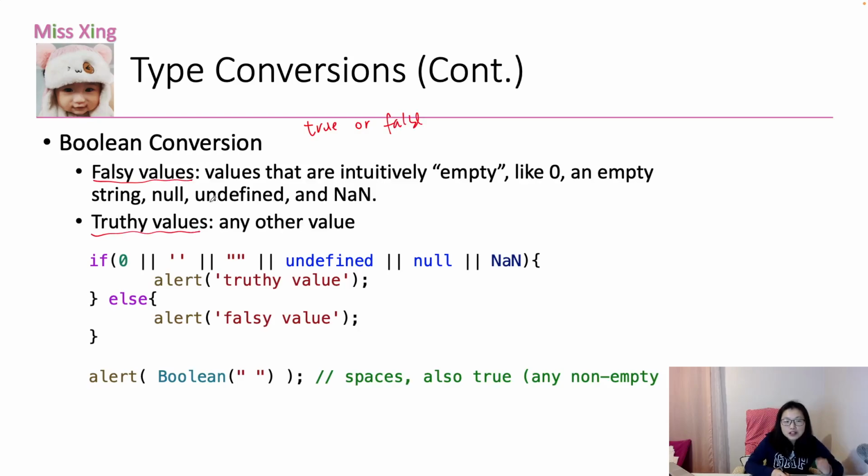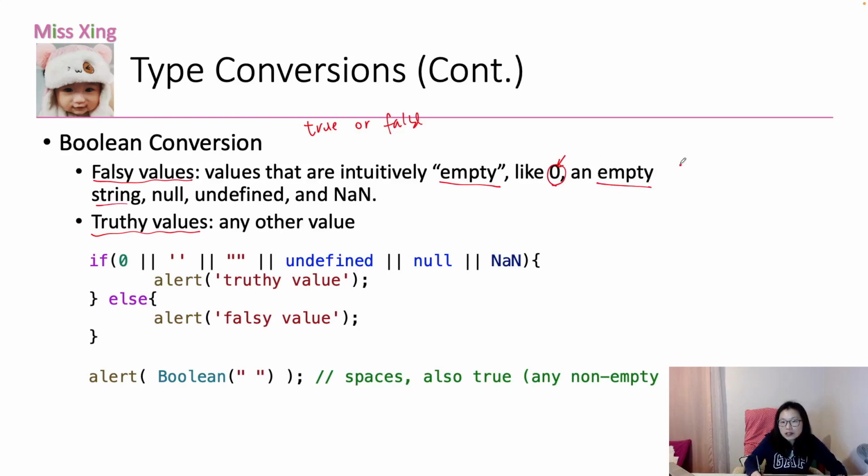What are they? You just remember what kinds of values are falsy. Falsy values in JavaScript are values that are intuitively empty. Empty like what? 0. Okay, 0 is a number, and this number 0 means nothing, right? So in JavaScript we consider 0 a falsy value. And what does the empty string mean?